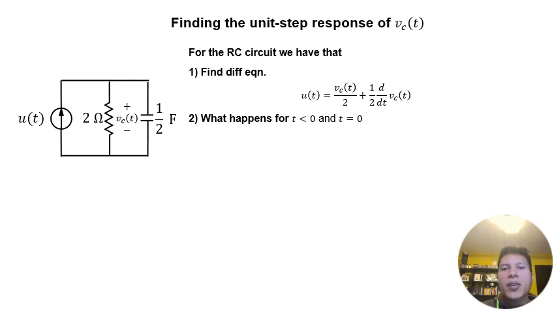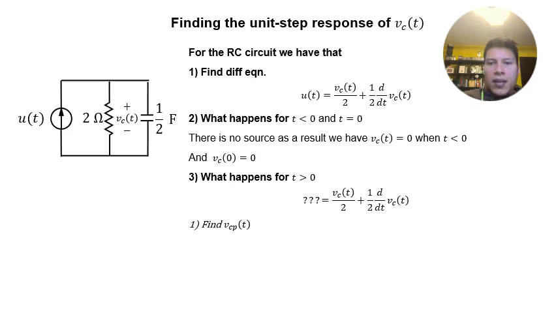For time less than 0, we've already said what happens. Basically, we have that VCs of 0 minus equals 0. Okay, so now we need to solve this differential equation with the right-hand side replaced by 1. So first we need to find VC particular. Well, in this particular case, we're going to assume it's a constant CP because our left-hand side is constant.